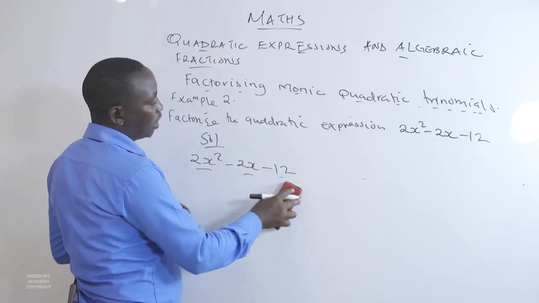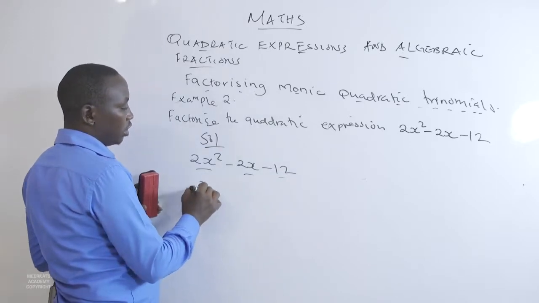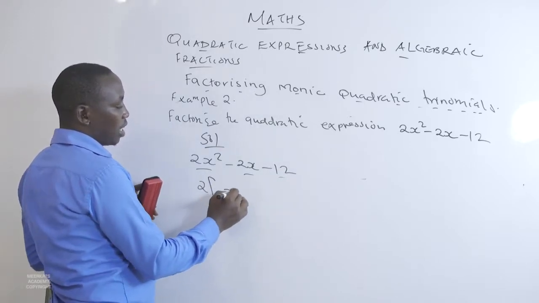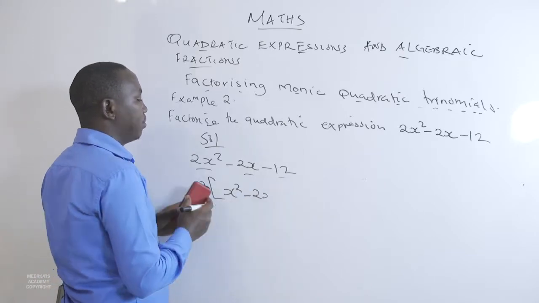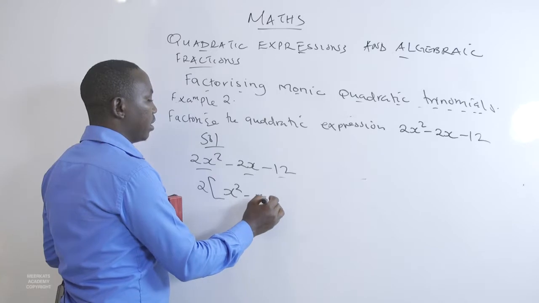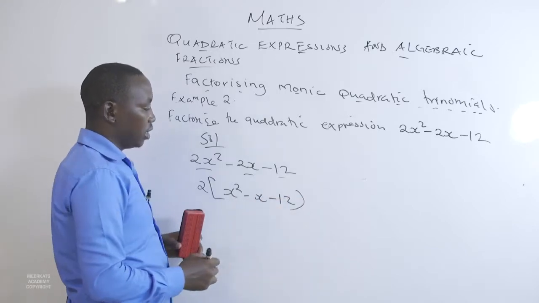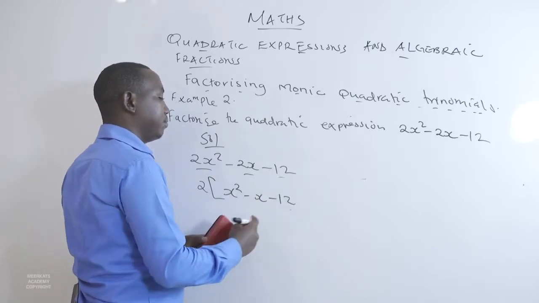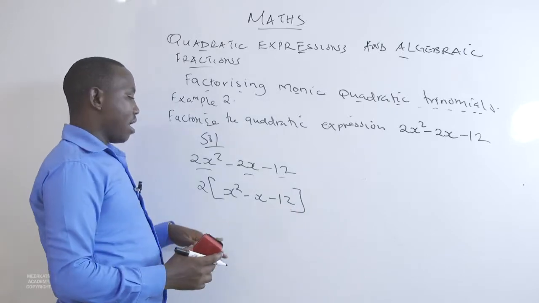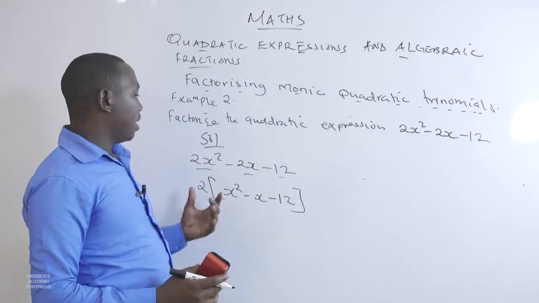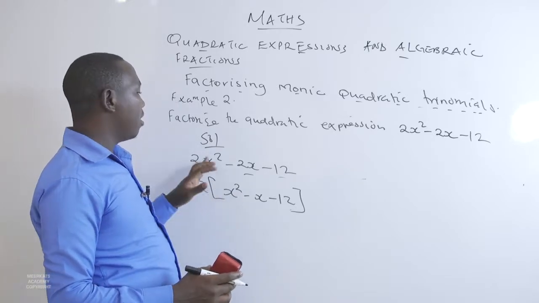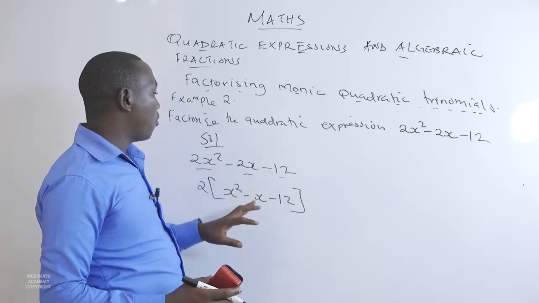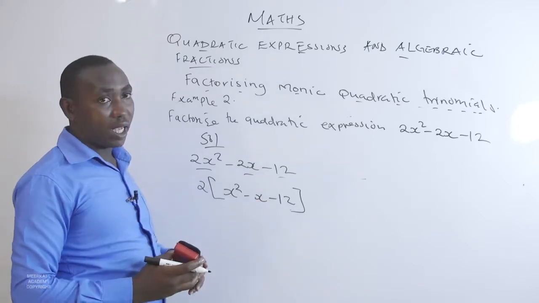You cannot divide through by 2, but you can factor out 2. So this will be 2 into x squared subtract x subtract 12. You can now see that after factoring out 2, which was common to the 3 terms, we now have a monic expression.